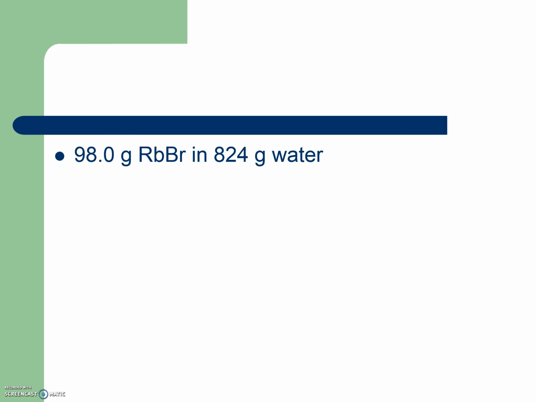If we have 98 grams of rubidium bromide in 824 grams of water, well, grams isn't very useful, and so I'm going to go ahead up here and do 98.0 grams of RbBr, and we want to get rid of grams of RbBr and use the gram formula weight of 165.37, and we want to convert to 1 mole of RbBr.